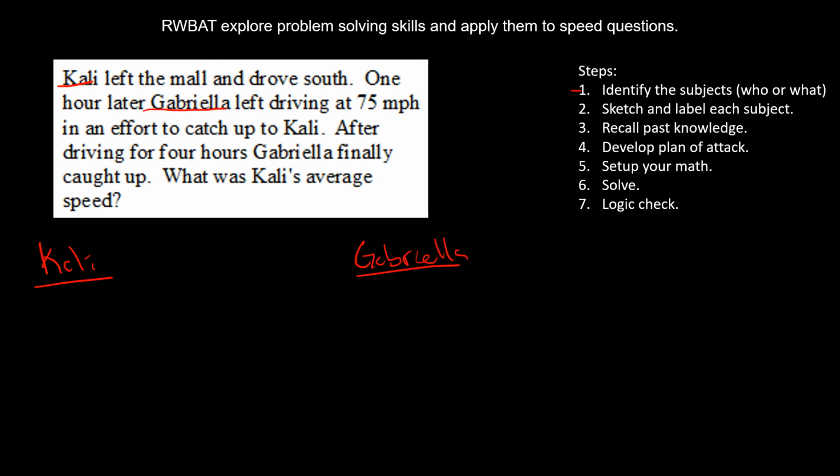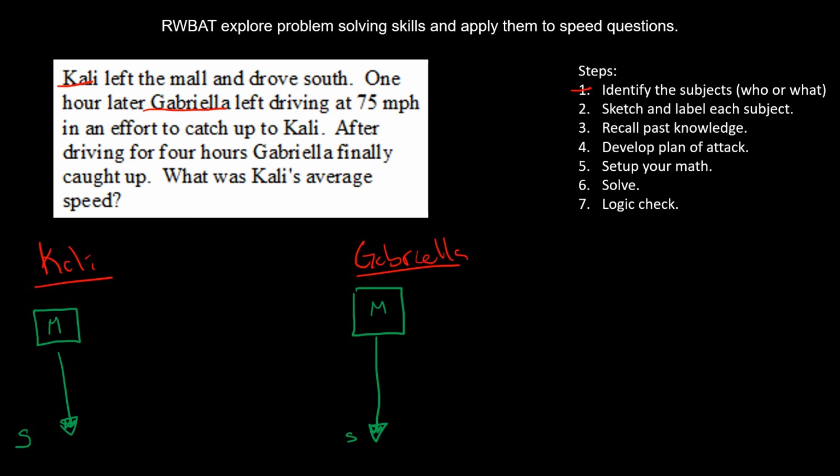So we've identified. Let's sketch and label what's happening. Okay, so let me pick a different color. So we'll say Callie's at the mall. And she's going south. Typically south, if you look at any map with Cartesian points, south is down. Okay. Then we've got Gabriella. Gabriella also leaves the mall and she's going south, trying to catch up to Callie.